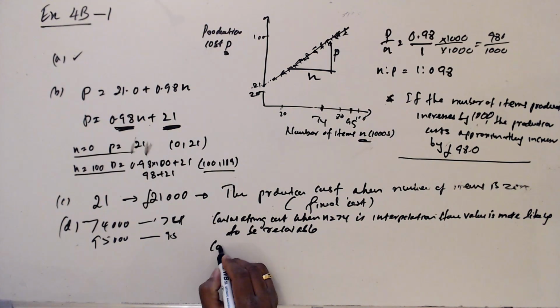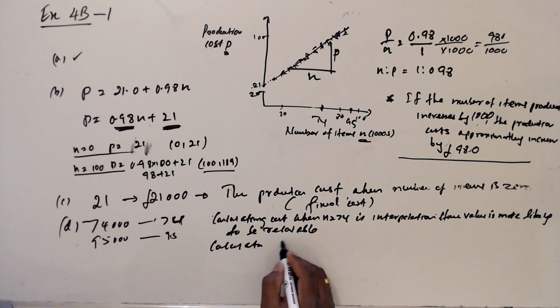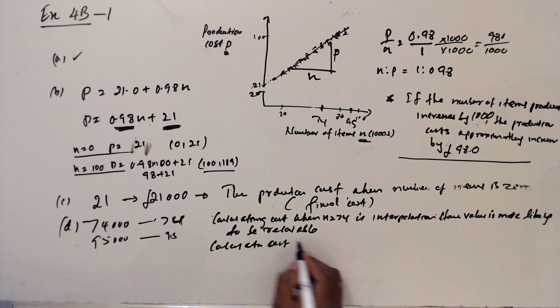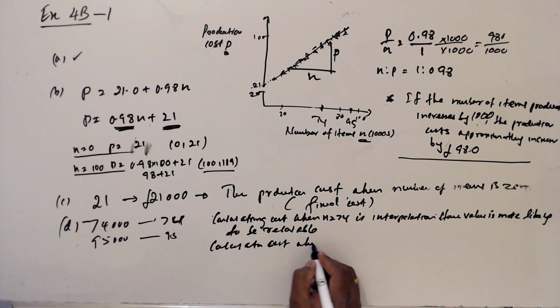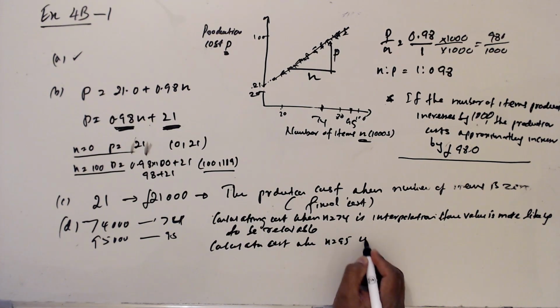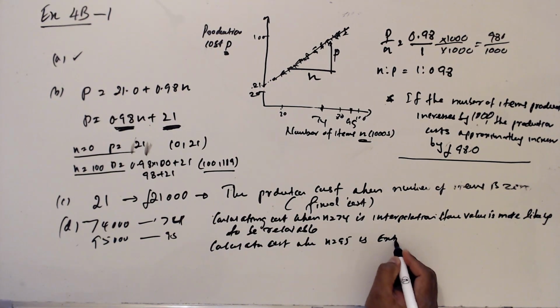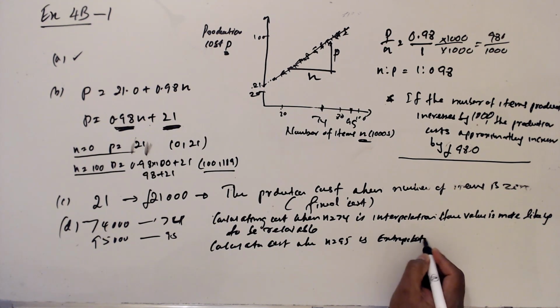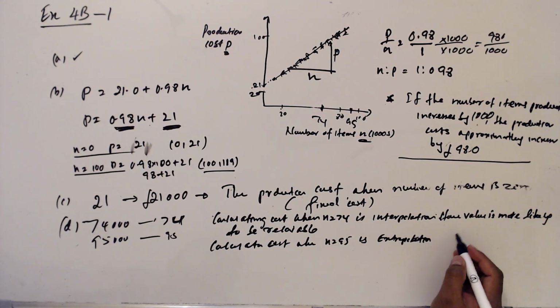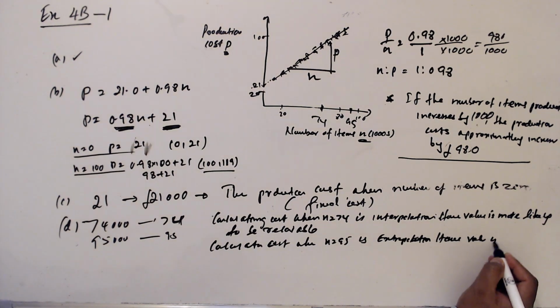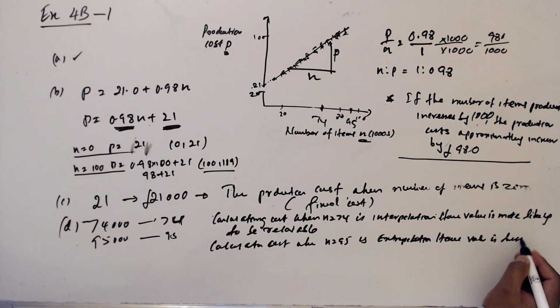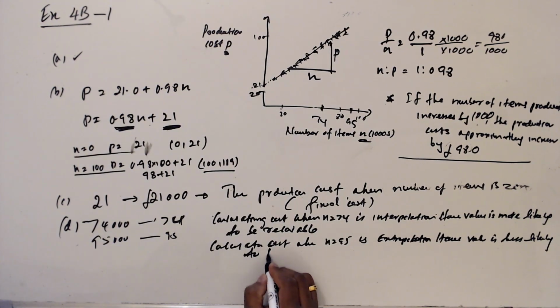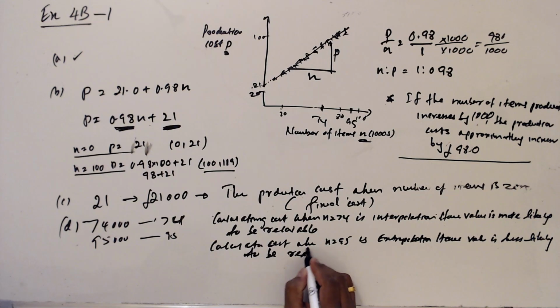But calculating the cost when N equals 95 is an extrapolation. Hence the value is less likely to be reliable.